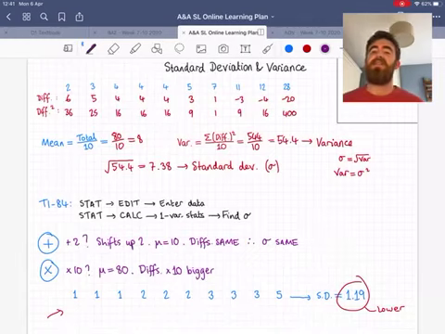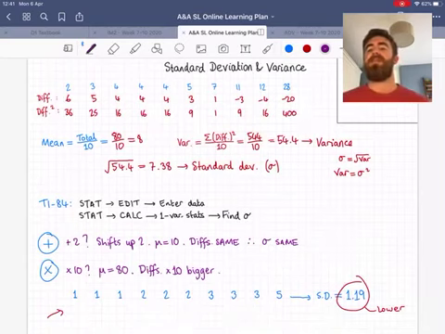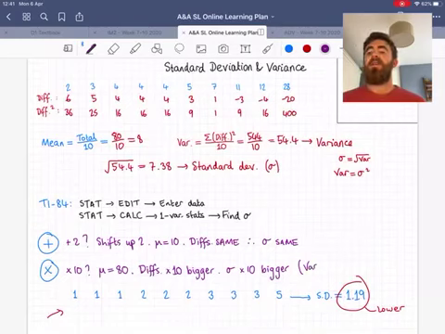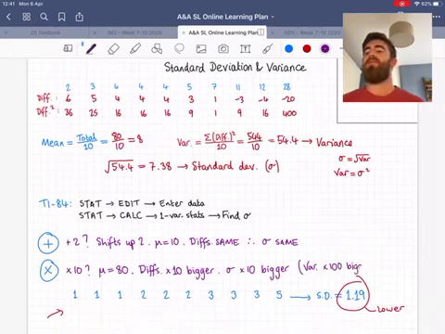That's now 60. Okay, so you can see that those differences are also 10 times bigger. If the standard deviation is just the sort of average of those differences, then that will now be 10 times bigger as well. And if the variance is just that squared, well, that's going to be 100 times bigger.